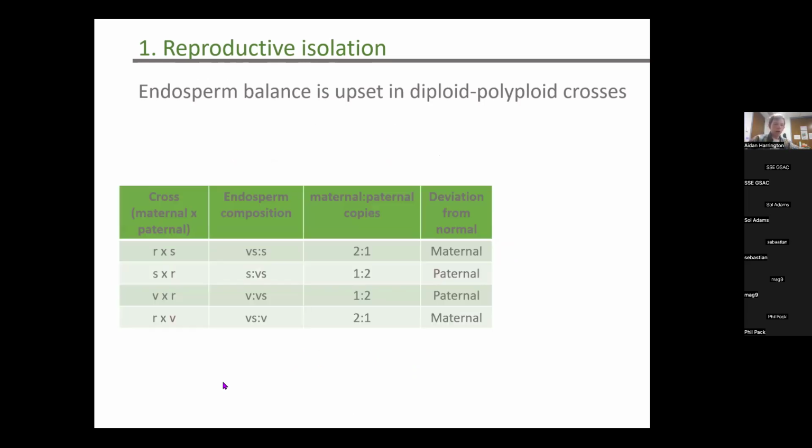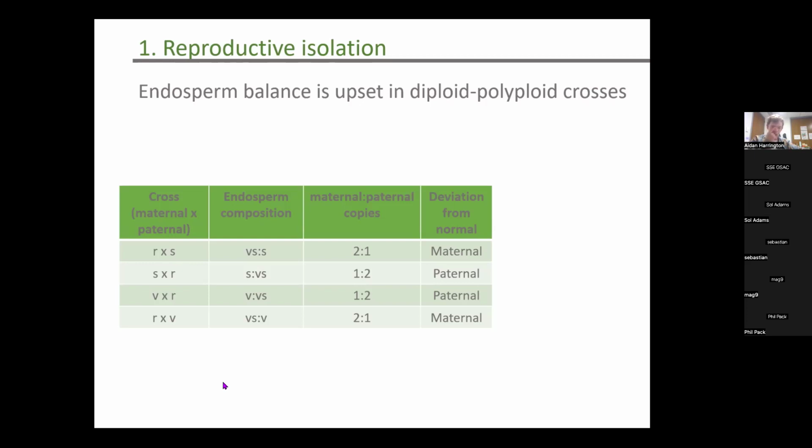And so, as I said, endosperm balance is upset in these diploid polyploid crosses. What I mean when I say upset is that we want the normal ratio. In Clarkia, the normal ratio is 1:1, whereas here we end up with 2:1 and 1:2 ratios depending on the cross. So for example, Rhomboidea by Stellata, we end up with 2:1 maternal to paternal copies in the endosperm. And that's a maternal deviation from normal.